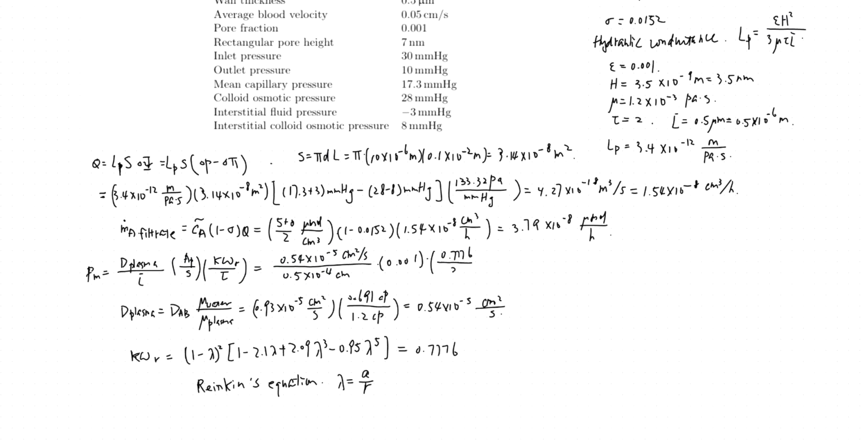So you get a membrane permeability of 4.2 times 10 to the minus 5 centimeter per second. So recall that membrane permeability has a dimension of velocity. So you check that you got it correct.